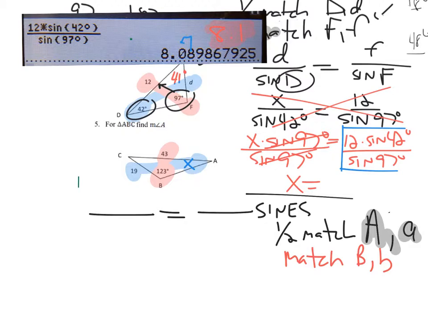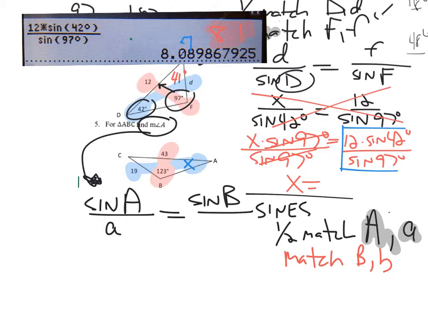I'm going to set up my fractions. Always put what you're solving for in the upper left-hand corner. So here I'm trying to find big A, or angle A. Remember, the sine is always attached to the angle. So I have the sine of A over little a. That equals now my matching set, the sine of B over little b.